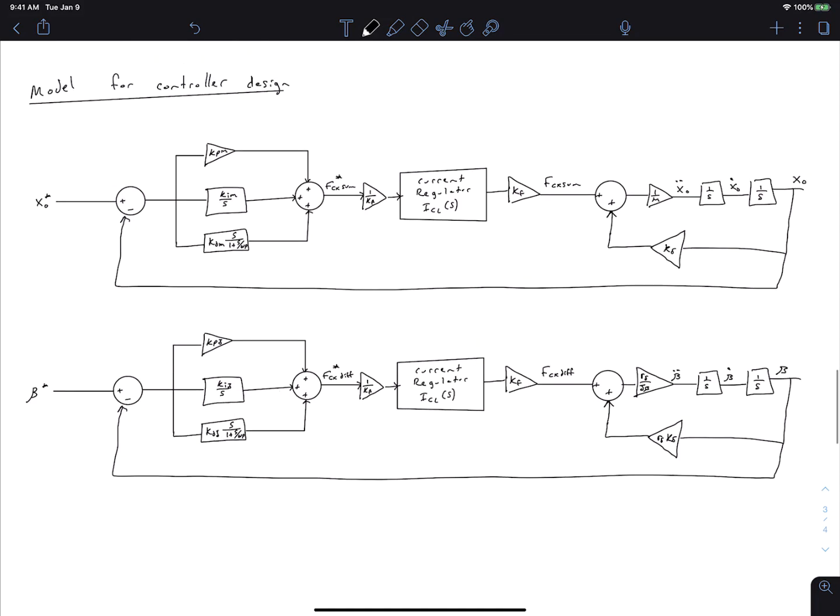And so finally you get these 2 block diagrams. And so notice that I've indicated that you have a different set of gains for your mass controller versus your angular position controller. Otherwise, the general structure is the same.